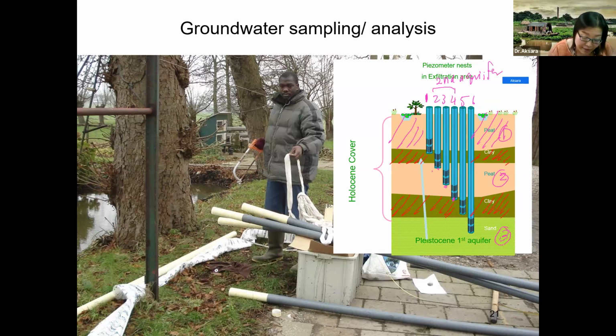And last but not least, well 5 and well 6 have openings in the third aquifer, so they take samples from the third aquifer. You see that well number 5 is actually here. It actually has an opening in the clay layer.